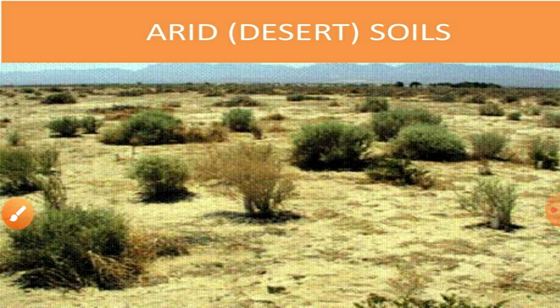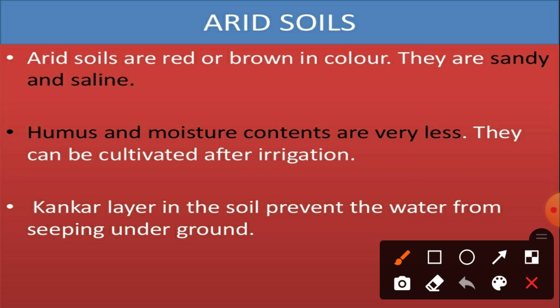Arid soil. The next soil is the arid soil, dry soil, as we can see from the picture also. There is very scanty vegetation here, and due to the high temperature and low rainfall the soil becomes arid or dry. Arid soils are red or brown in color. They are sandy or saline.